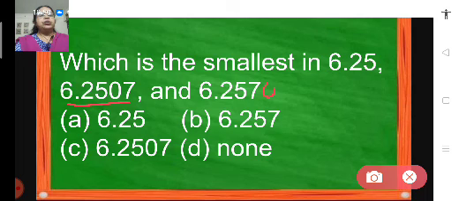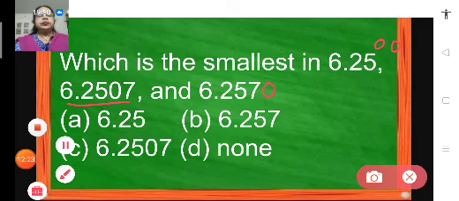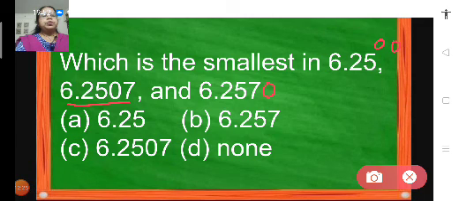So we add zeros to make the numbers like decimals, isn't it? Now we can compare and say that the number 6.257 is the greatest one, okay, but which is the smallest one, we have to find out.